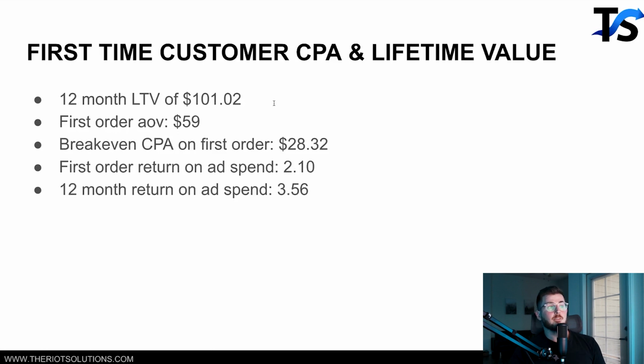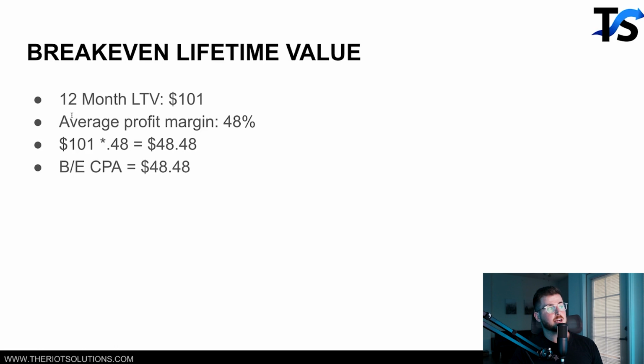Now we're going to look at first-time customer CPA and lifetime value CPA. We looked at first-time customer CPA at the beginning of this video; now we start looking at lifetime value CPA. If we take our 12-month LTV and we know we have an average profit margin of about 48% per order, it's not perfect.